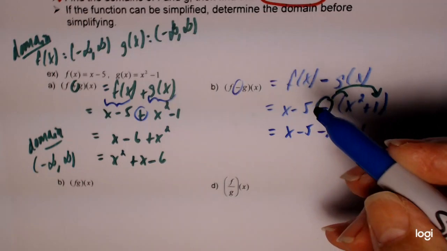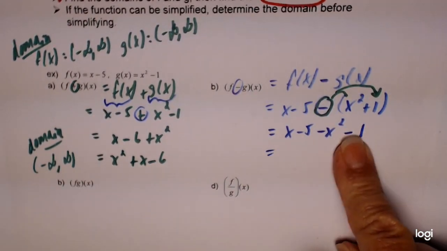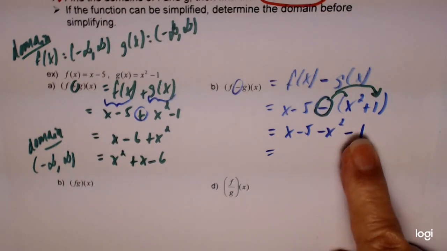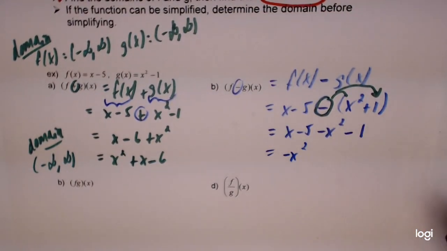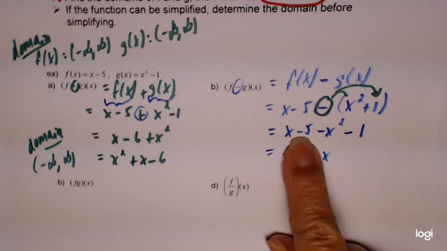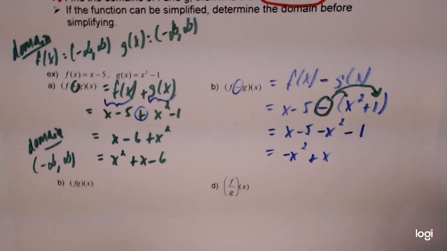And so again, let's clean this up. I'm going to write it in terms of decreasing exponents. So we have this negative x squared. I'm going to write that first. Then we have the positive x. And now we have negative 5 and negative 1. Did I write this incorrectly? Whoops.